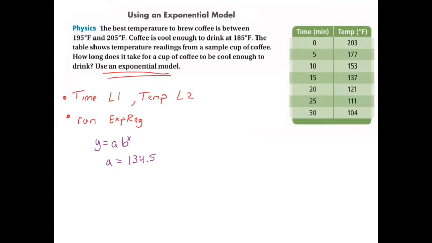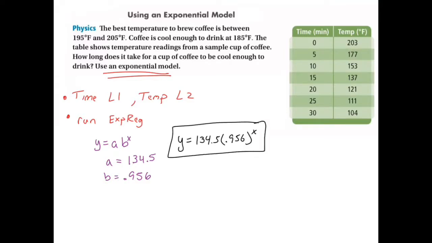And then your b value in this case is going to be 0.956. This one has a few more decimals because it's primarily just a decimal. So your model is going to be y equals 134.5 times 0.956 to the x power. This is our exponential model for this information.